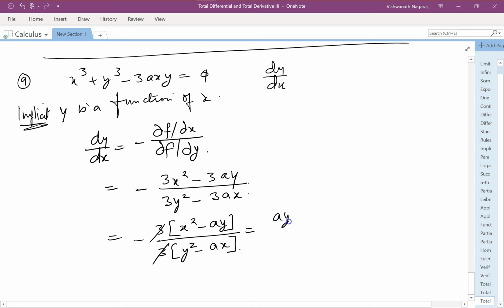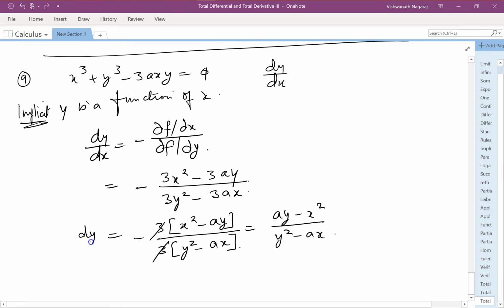So (ay minus x²) by (y² minus ax), so that is dy/dx.